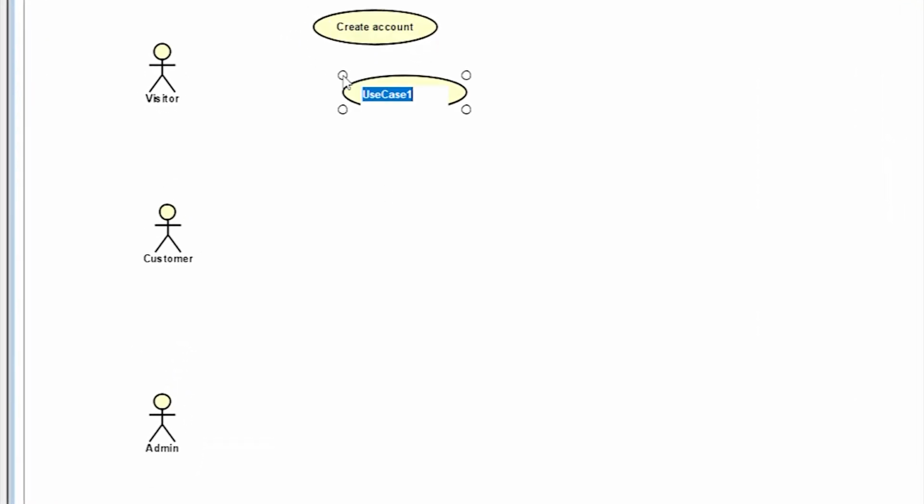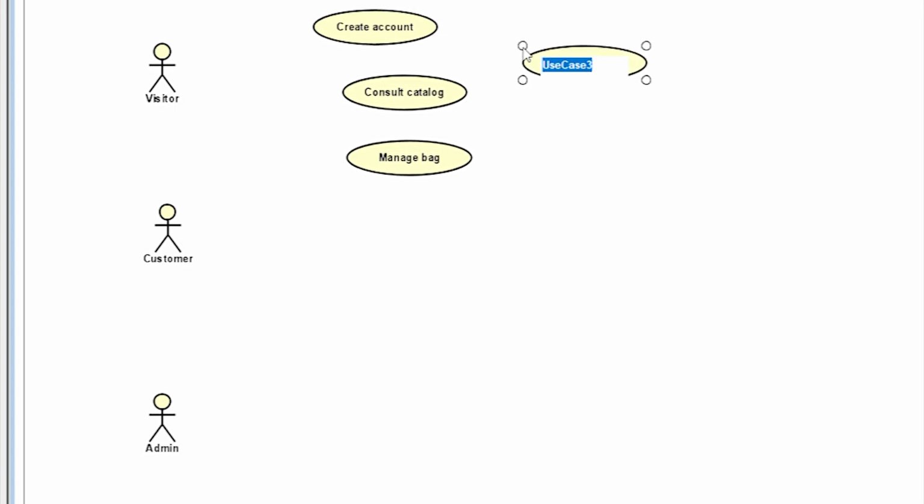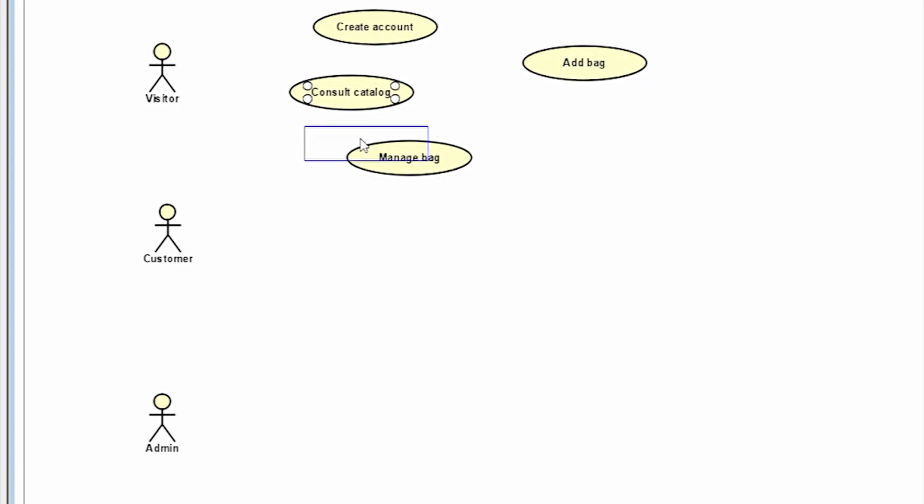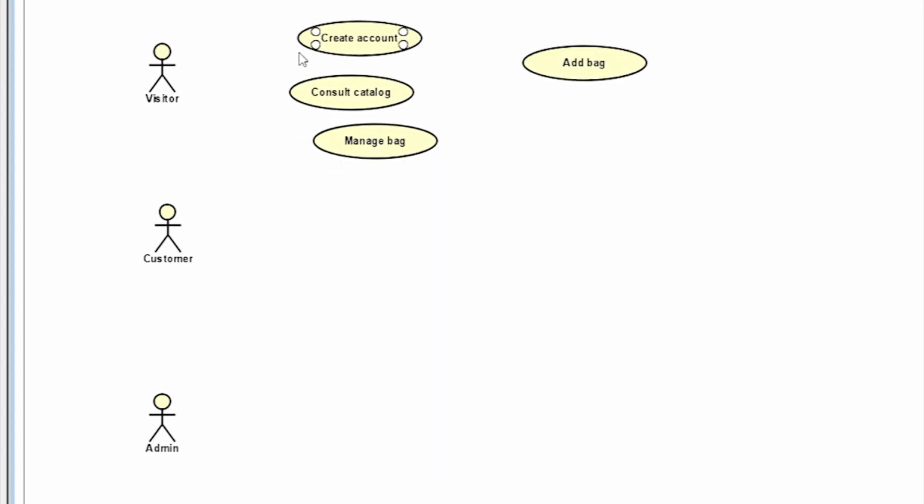The second is consult and manage bag, and of course he can add product to bag. No, add bag. Okay, so here are the cases or the functionalities that a visitor can do on a website.